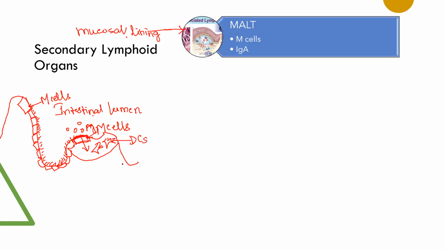What they will do is take up the antigens immediately and start processing them, which will then be passed on to the next line of immune soldiers, which are sitting again in the form of follicles. What are these cells? B cells. Just like your lymph node, you saw that B cells are present in the form of follicles. Here also the B cells are present in the form of follicles.